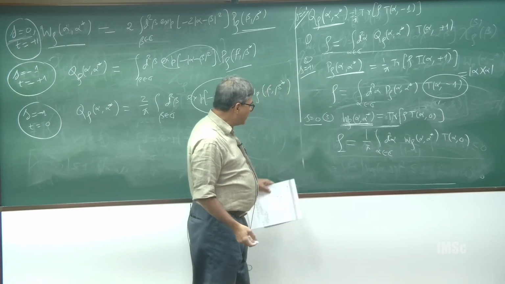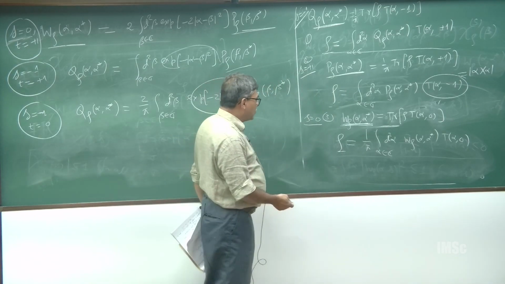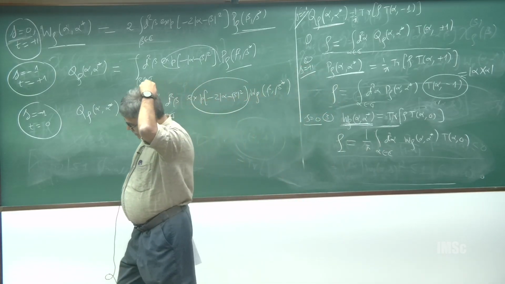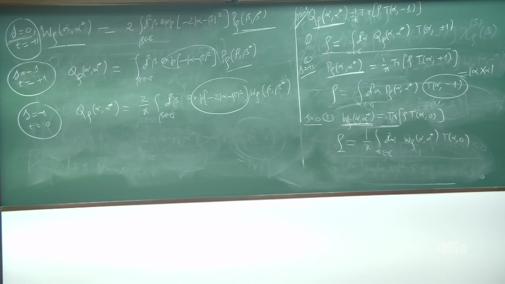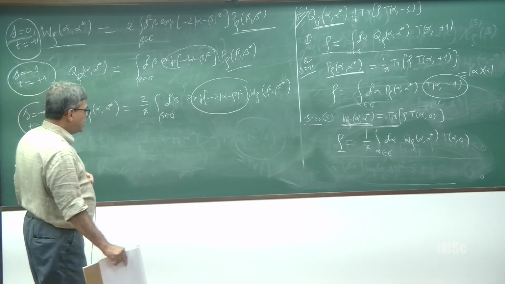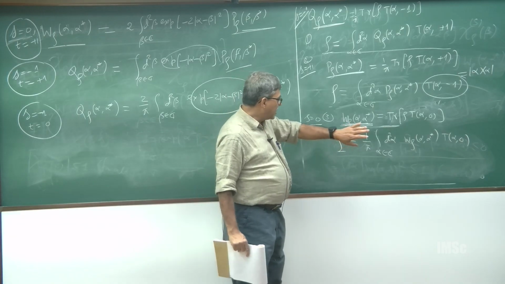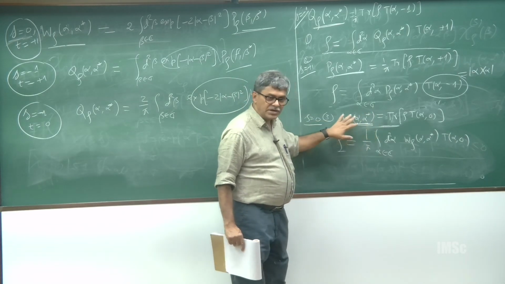Either you can work with density matrix operators, or you can work with the phase space distribution function. In fact, there is something called tomography, where you want to know your state by performing measurements of different observables. Similarly, you can do the tomography by figuring out your Wigner function.